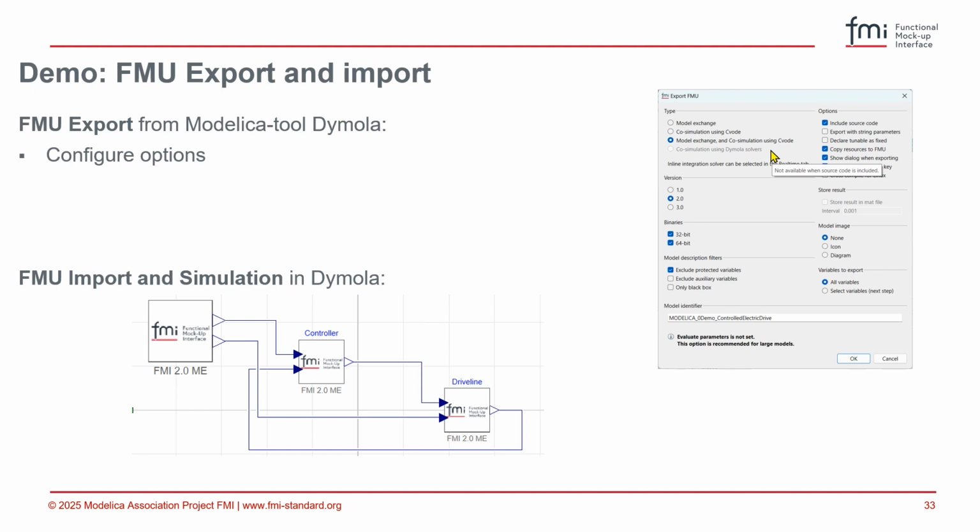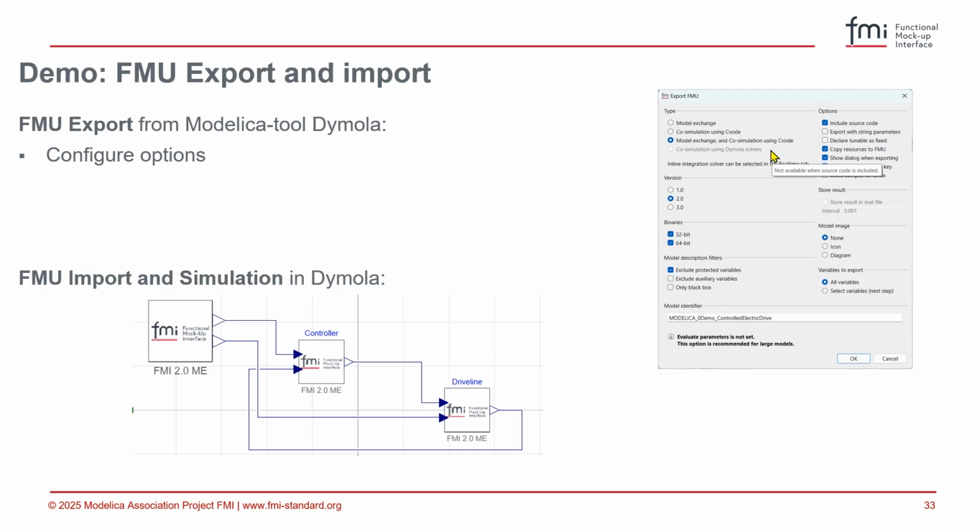You can select which version of FMI, you can select which binaries, and also, in the case of working on a Windows machine, if you have the Windows subsystem for Linux, you can also include Linux binaries in this FMU. And you have additional options when creating the FMU.